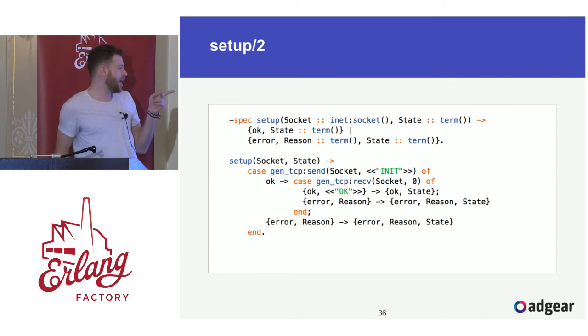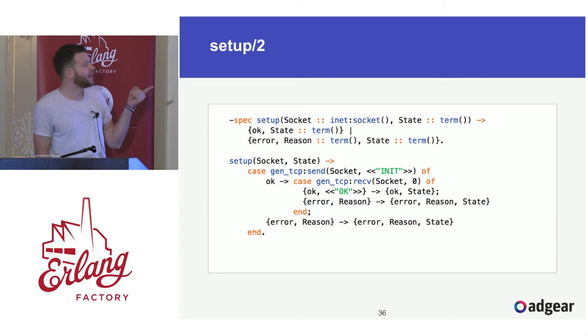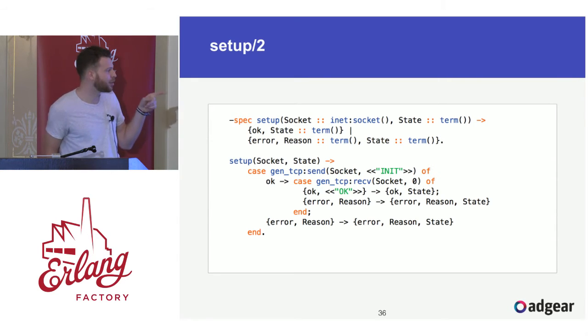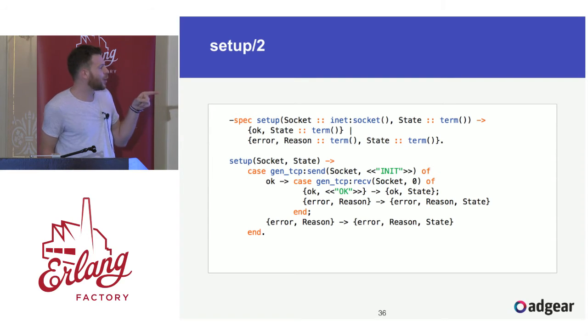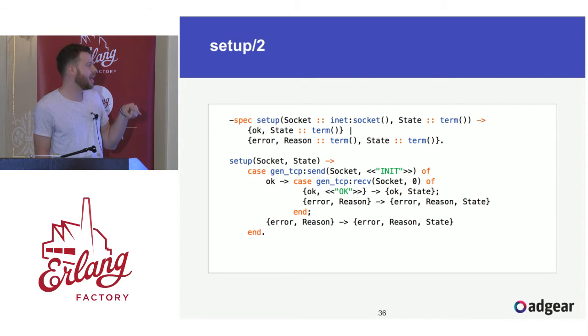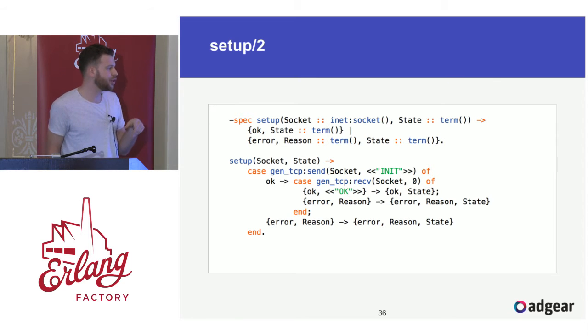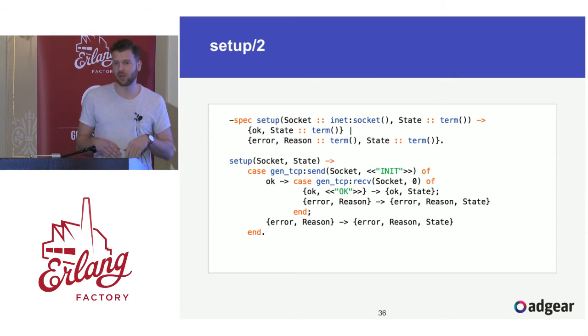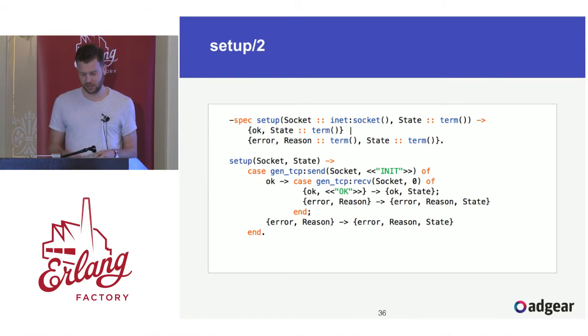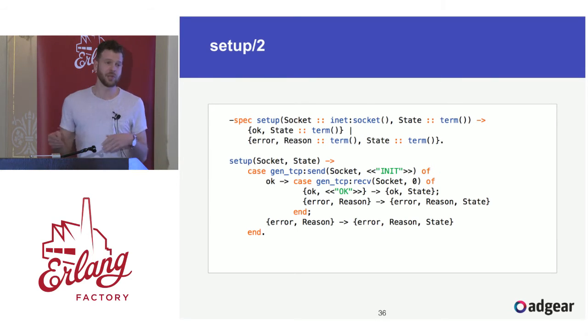In theory, that's not really good, but it's a toy client. So you receive OK, and if there's any kind of failure, you can return error with a reason, and it's going to shut down the client and try to reconnect with incremental backoff.